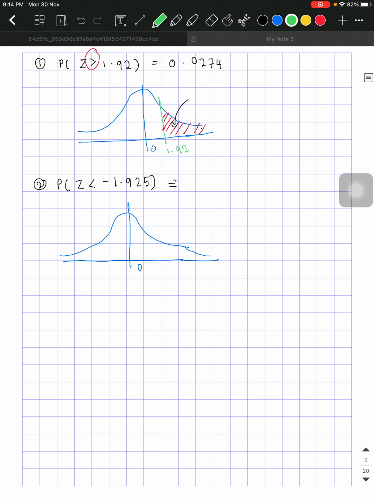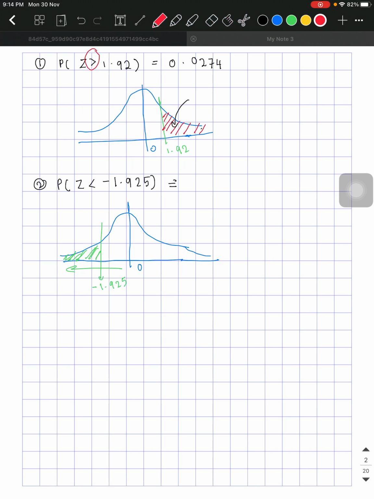If you notice the negative value, then the answer should be in the left side, which is negative. Then you put negative 1.925 here, and it is less than, so you shade this part.